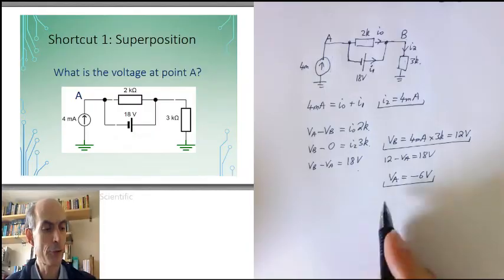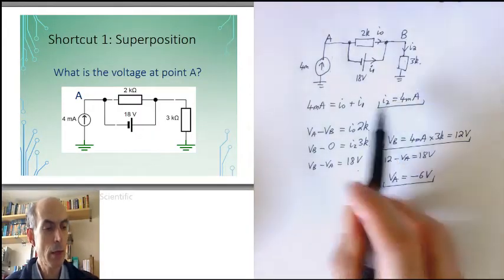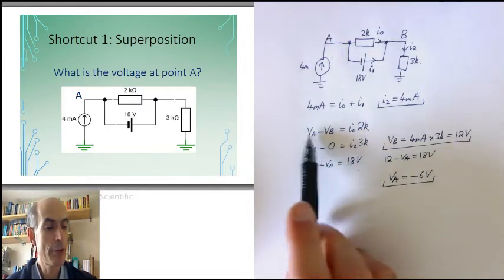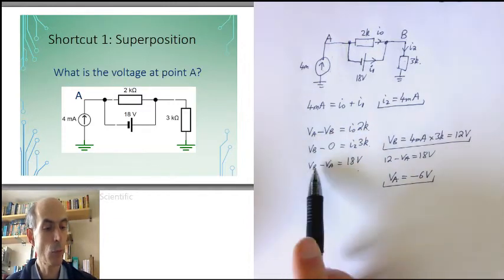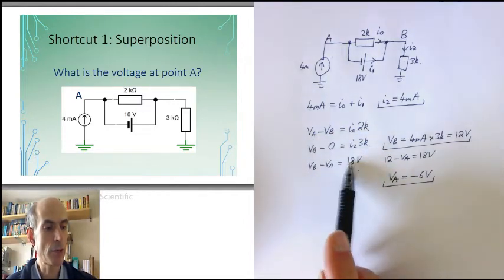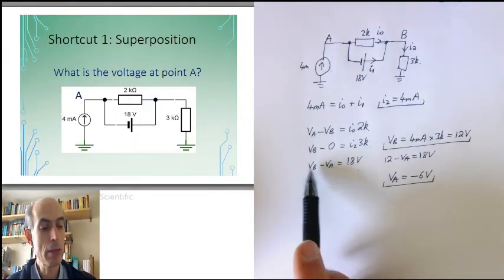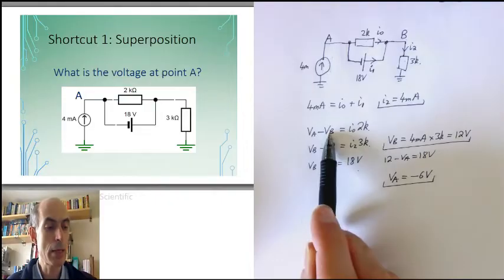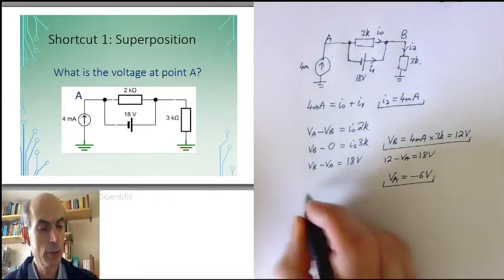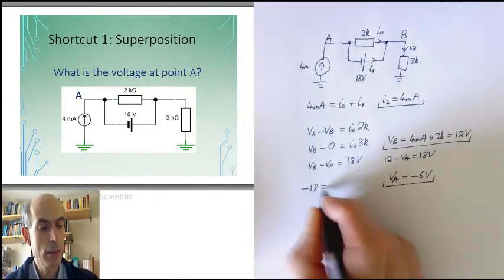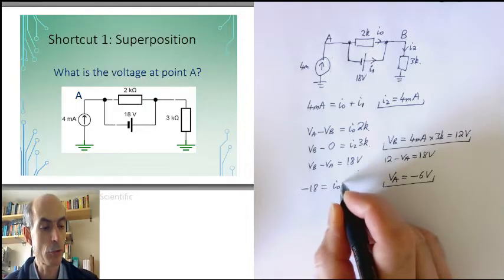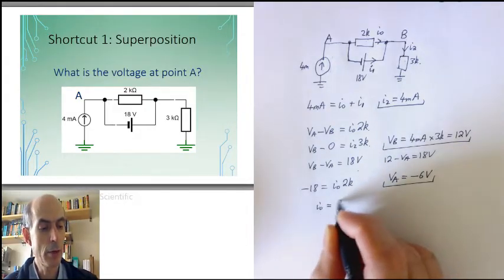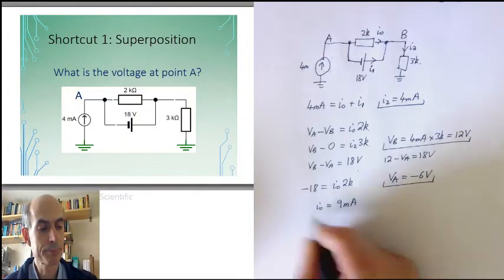What about the currents? Well, I've got I2. I0 would come from this equation here. VA minus VB, well, that's just minus 18 volts. Because if VB minus VA is 18, then VA minus VB must be minus 18. So that's minus 18 equals I0 times 2K. So I0 is minus 9 milliamps.